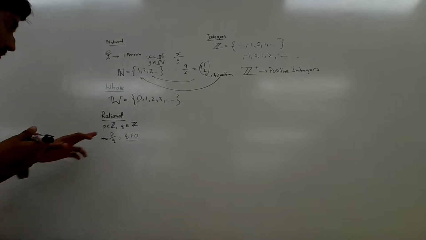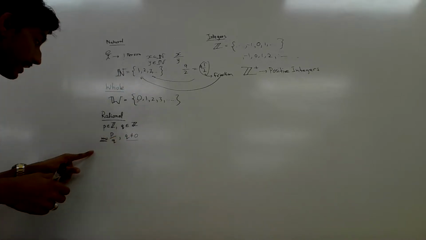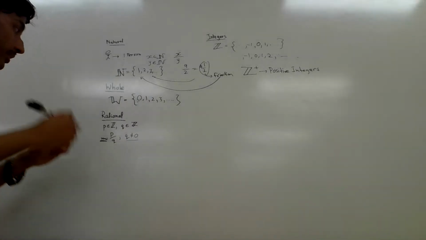So how do you make this set? This m is an element of the rational numbers.